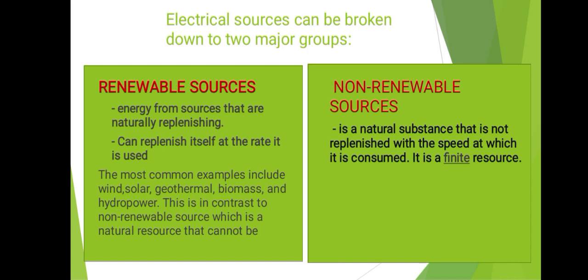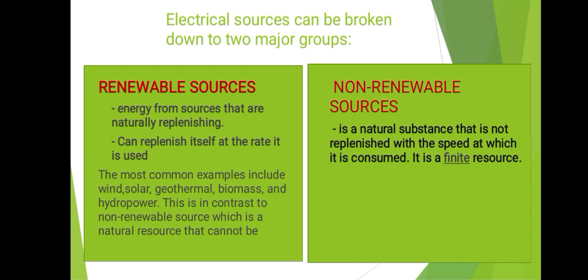To put it simply, this energy can be used again and again and will never run out. It means that this energy can replenish itself at the rate it is used. The common examples include wind, solar, geothermal, biomass, and hydropower. This is in contrast to non-renewable sources, which are natural resources that cannot be replenished.